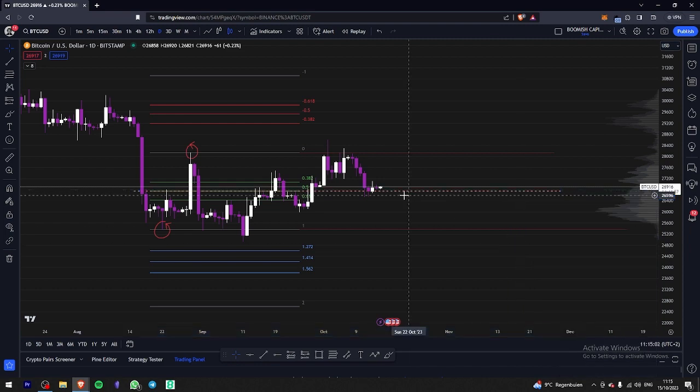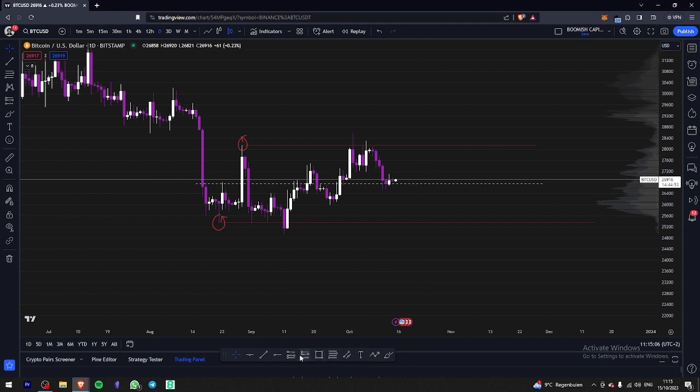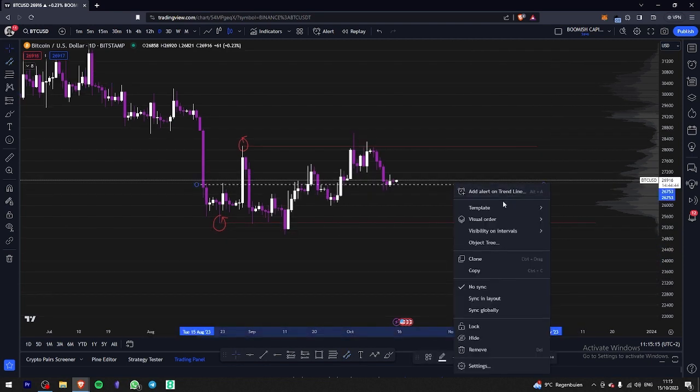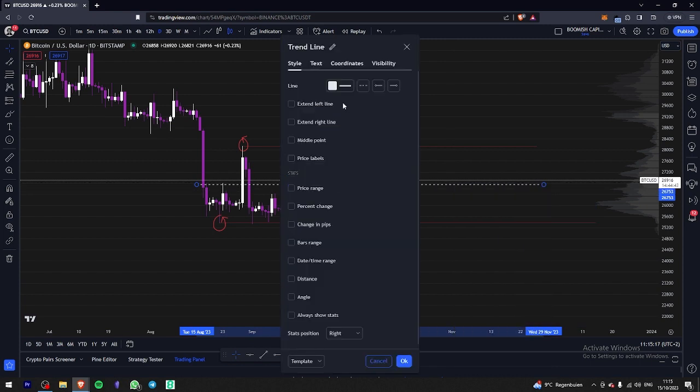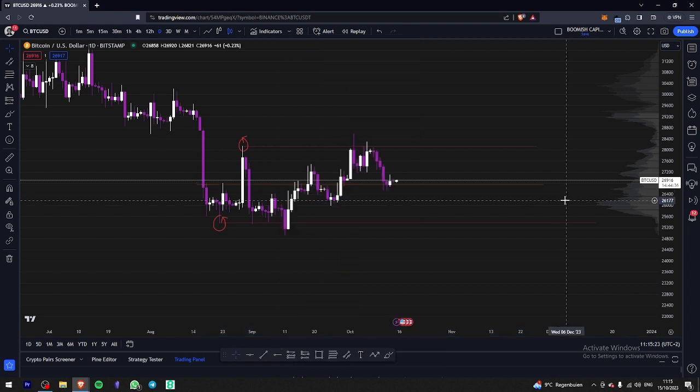We'll just do a trend line. Usually I draw ranges with this tool, and you just draw it out. You have it like that, but I have it like this now. We'll just color this one orange, and then go lower opacity. There you go.